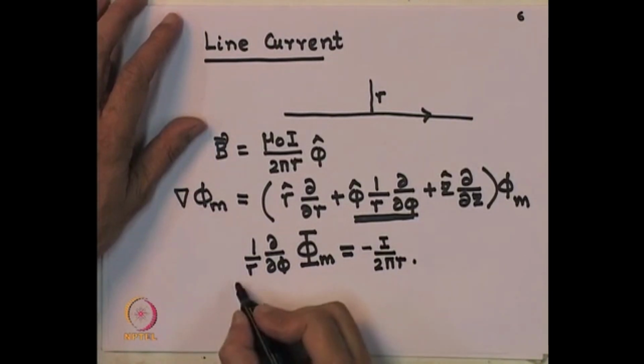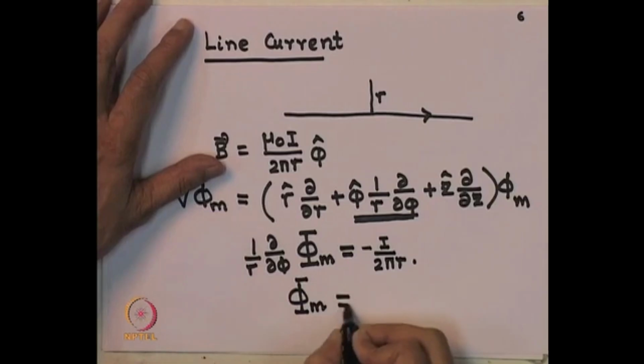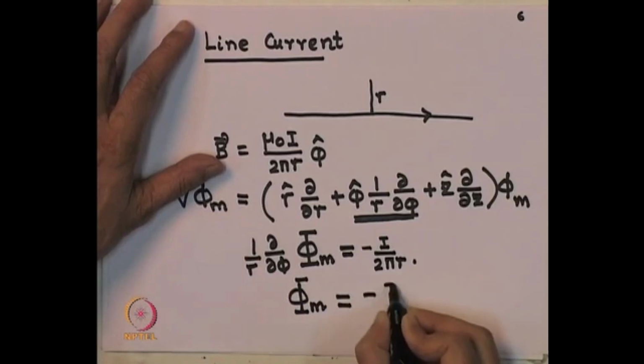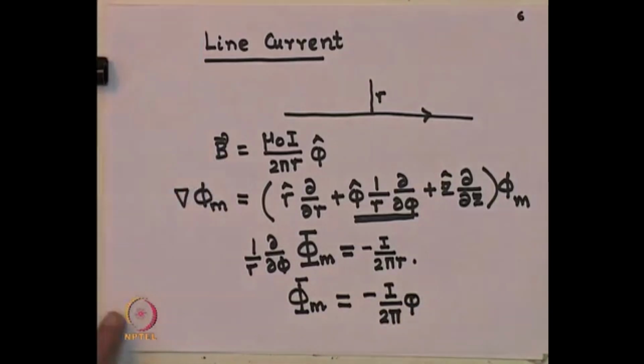R and r will cancel out, and this gives me the scalar potential to be equal to minus I by 2 pi times the angle phi itself.